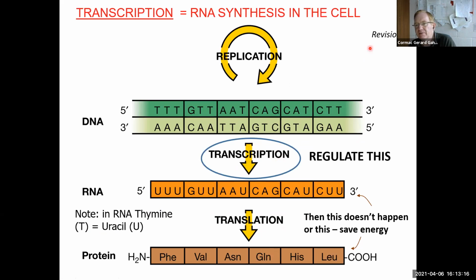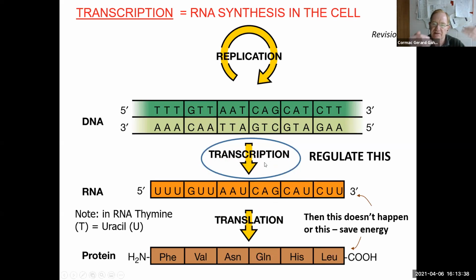Okay, so I'm saying that this is revision because you will have covered these concepts in basic biology. This is fundamental biochemistry, basic biology of the cell. But we're going to focus in a bit more closely on this regulation of transcription, because this is what really saves the energy in the cell.